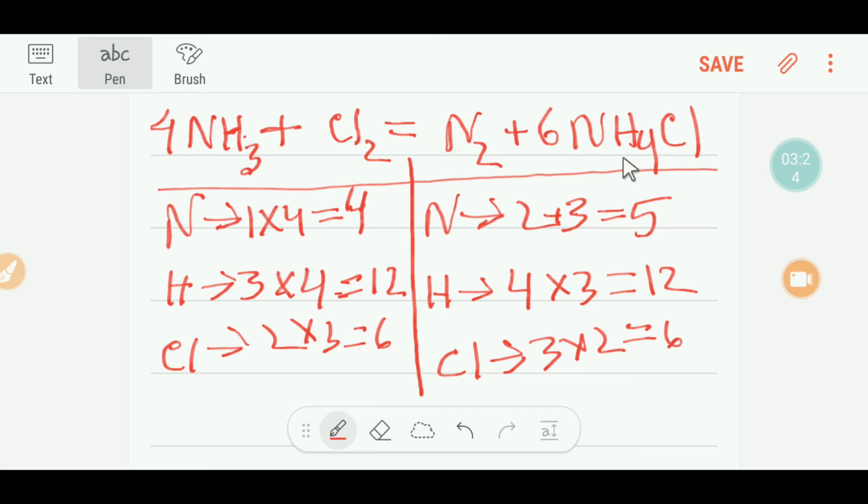If you place here 6, the number of nitrogen will be 6 nitrogen plus 2 nitrogen. That gives you 8 nitrogen. So you are getting here 8 nitrogen, and you are getting here 6 times 4, that is 24 hydrogen.